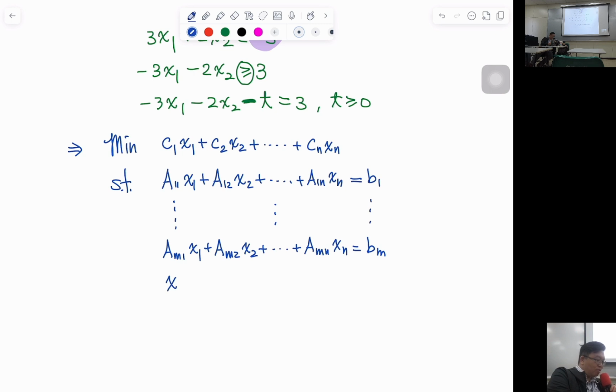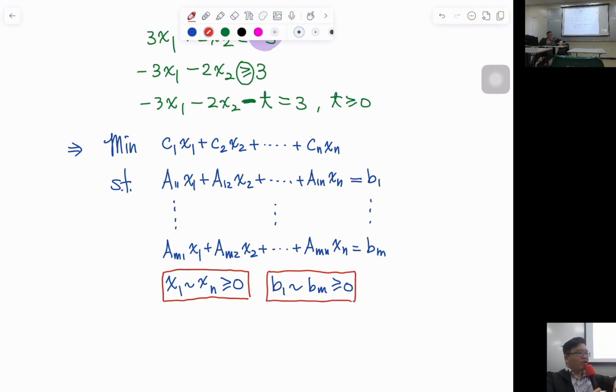And also, very important, for linear programming, we can only handle every variable positive or equal to 0. So this part is very important. Okay, and also all the b's are positive or 0 as well.